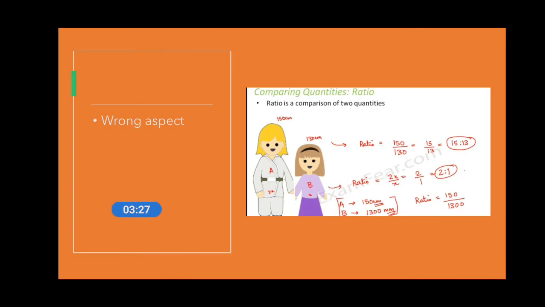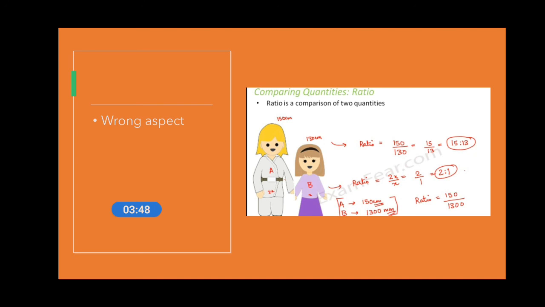Now if one is having 150 centimeter and the other one is having 1300 millimeter, and I take the ratio without converting, then it is 150 upon 1300, that means 15 upon 130.